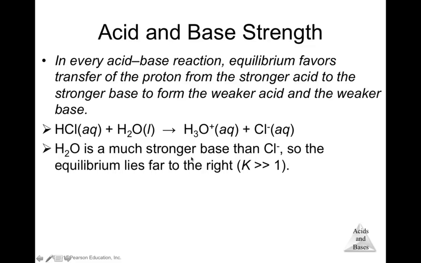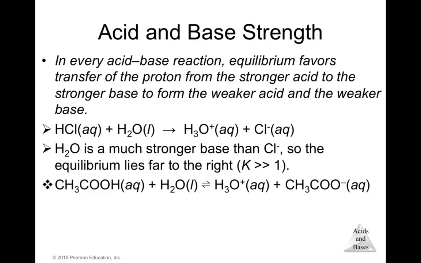H2O is a much stronger base than chloride, so the equilibrium lies far to the right. This one is a strong acid, so that means that this is a weak base. Because this is a weak base, this one is stronger than this one. So here the equilibrium will shift to the right.